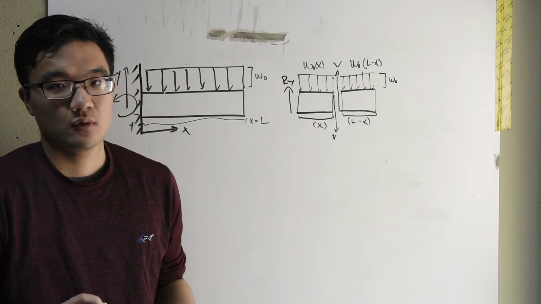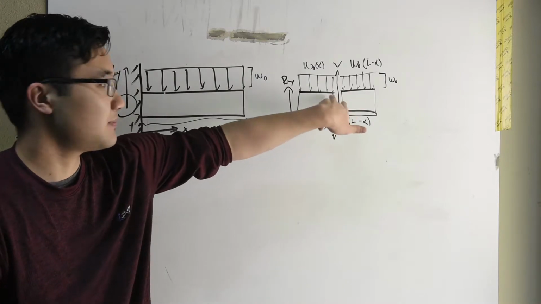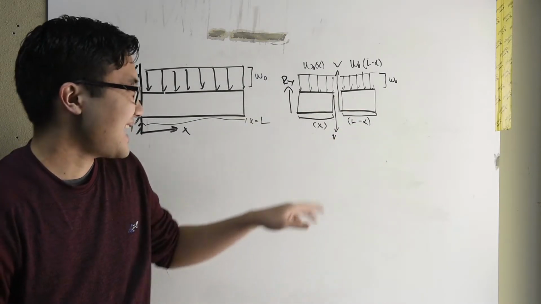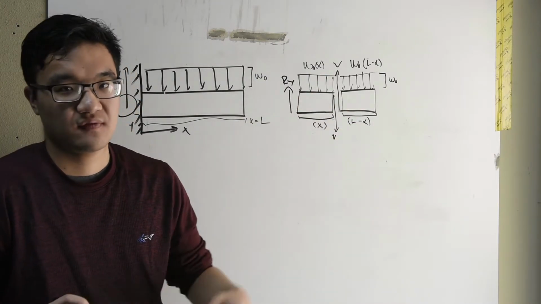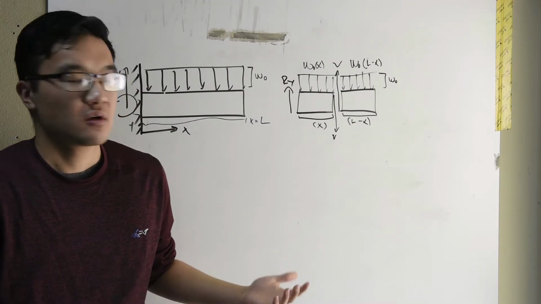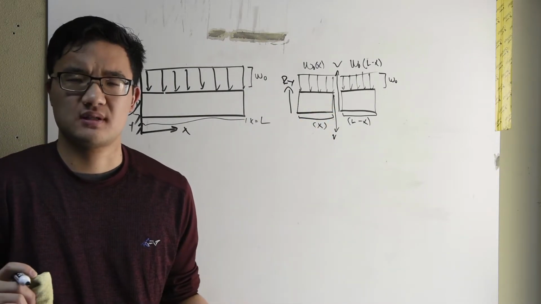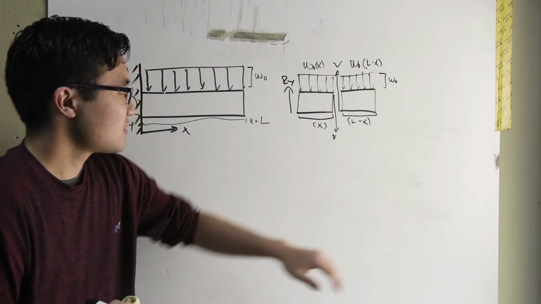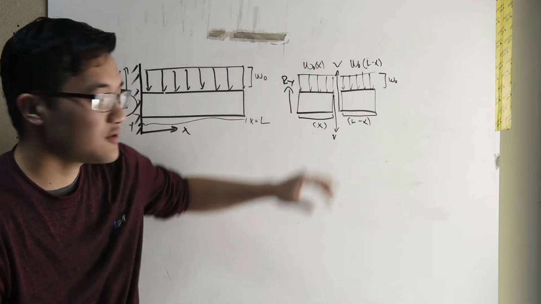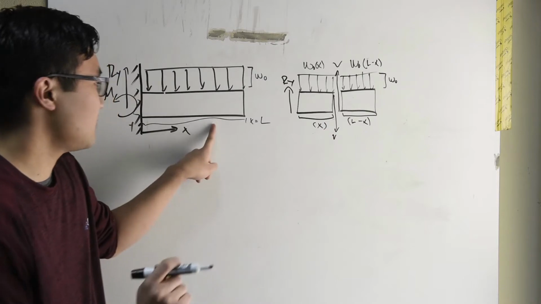But also, if we were to stick this bar back together, we have to add the two shears, and if they don't cancel out, we have a force that appeared out of nowhere. Right? So internal forces on either side of the member are always equal and opposite. Hopefully that makes some sense. Because remember, if we stick these back together, those shears are going to cancel, and we're going to have exactly what we have over here.